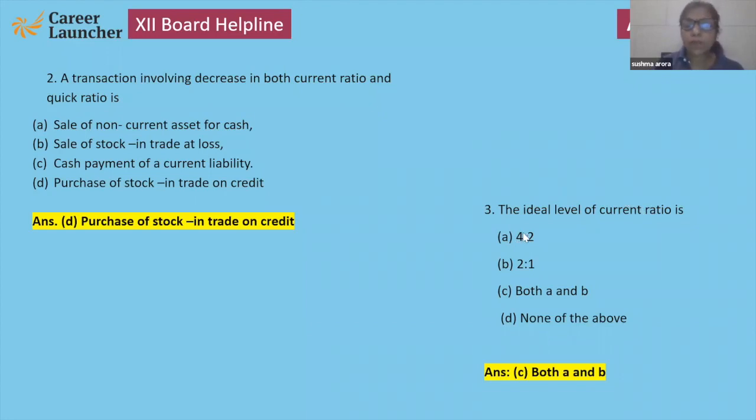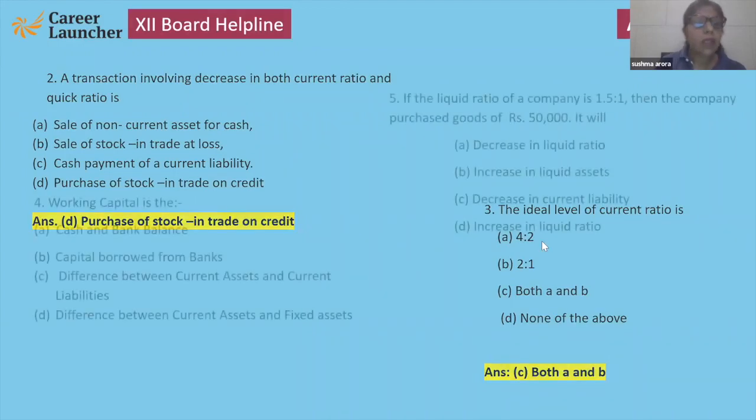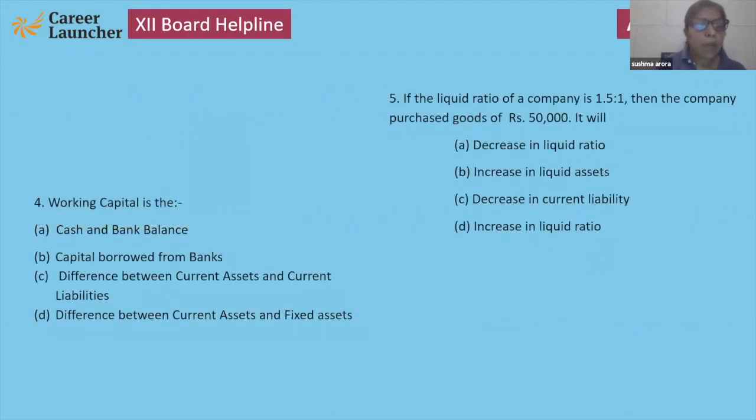Next question. Working capital is the cash and bank balance, capital borrowed from banks, difference between current asset and current liabilities, or difference between current asset and fixed asset. What do you understand? What is the meaning of working capital?